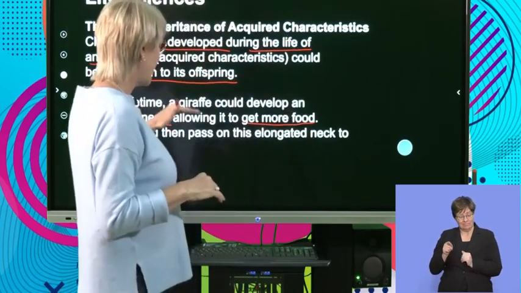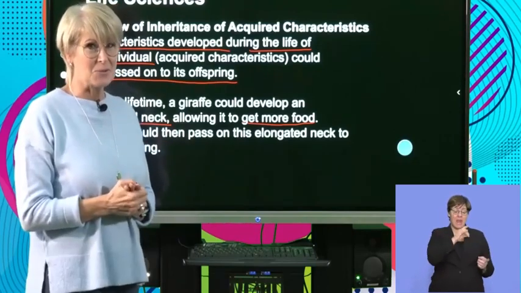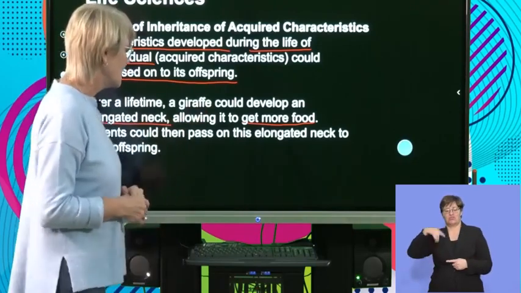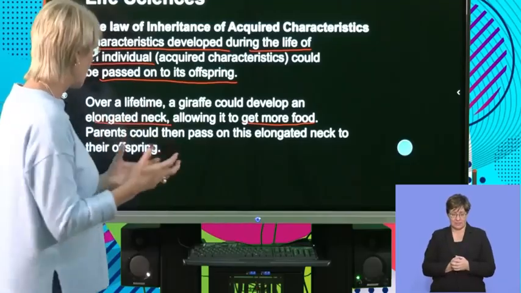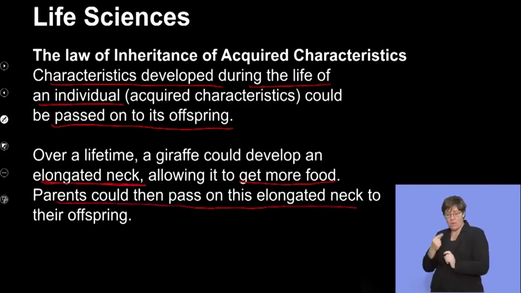So this allowed the giraffe to get to those leaves, and there weren't any other animals able to feed off that. And that long neck developed during the giraffe's lifetime, the parents could then pass to the offspring.